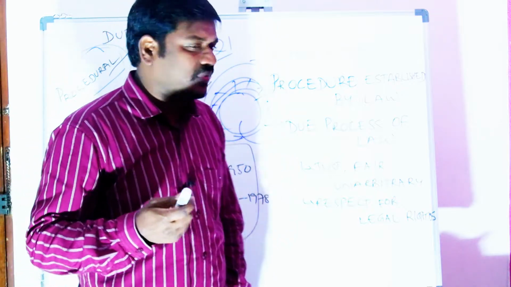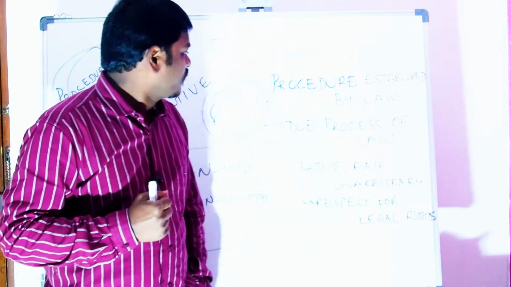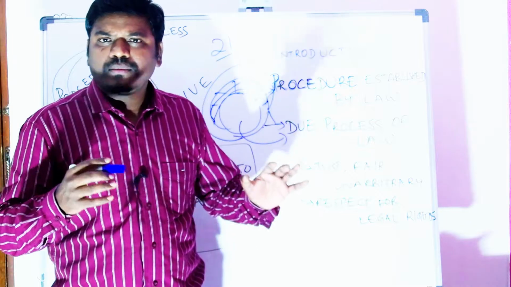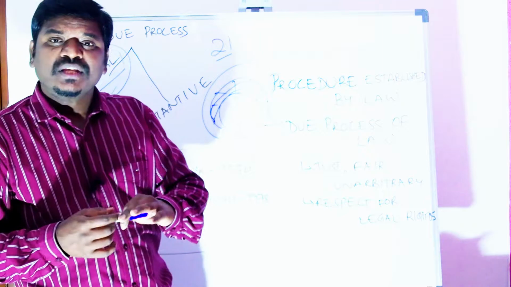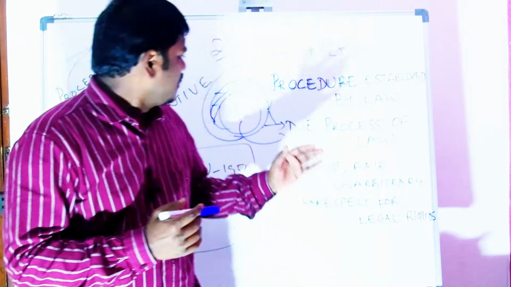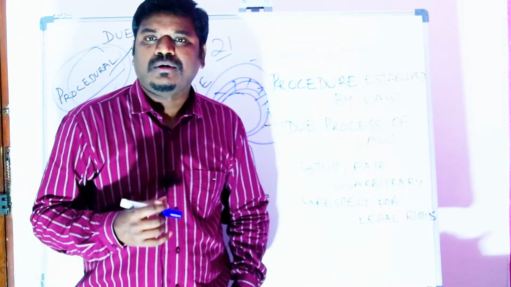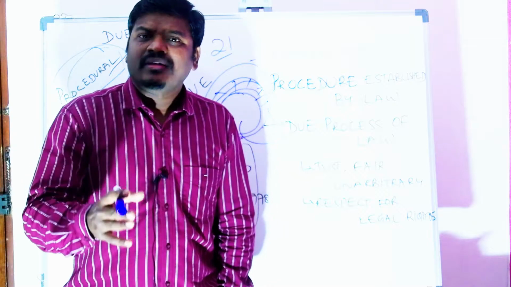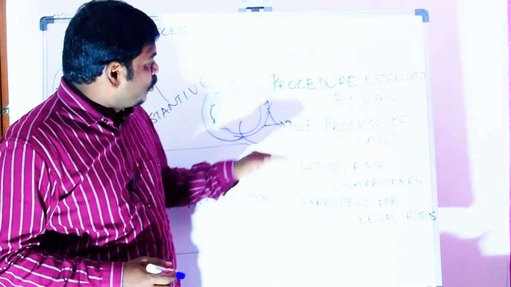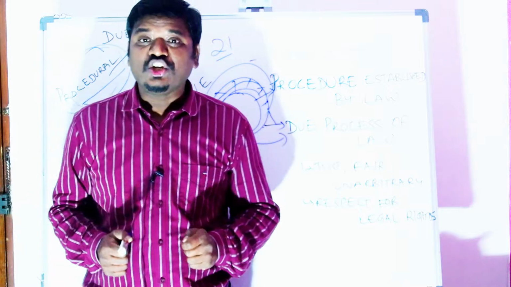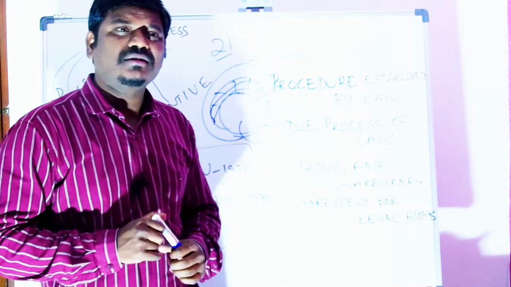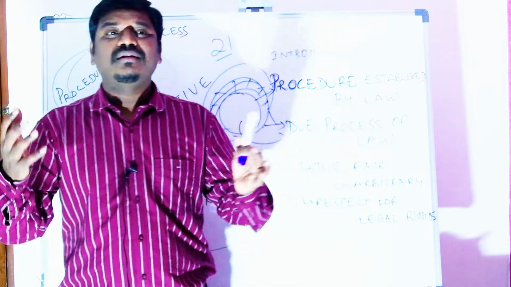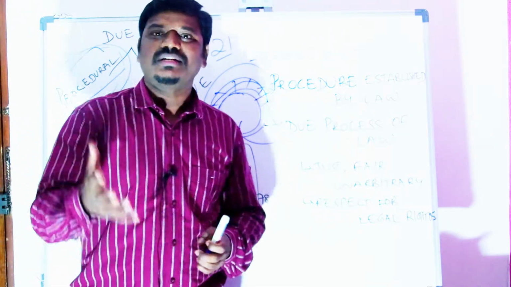I think his name was Frankfurter. At that time, Frankfurter advised B.N. Rao that please do not include due process of law in your constitution. You have been under the British and you were following that system.